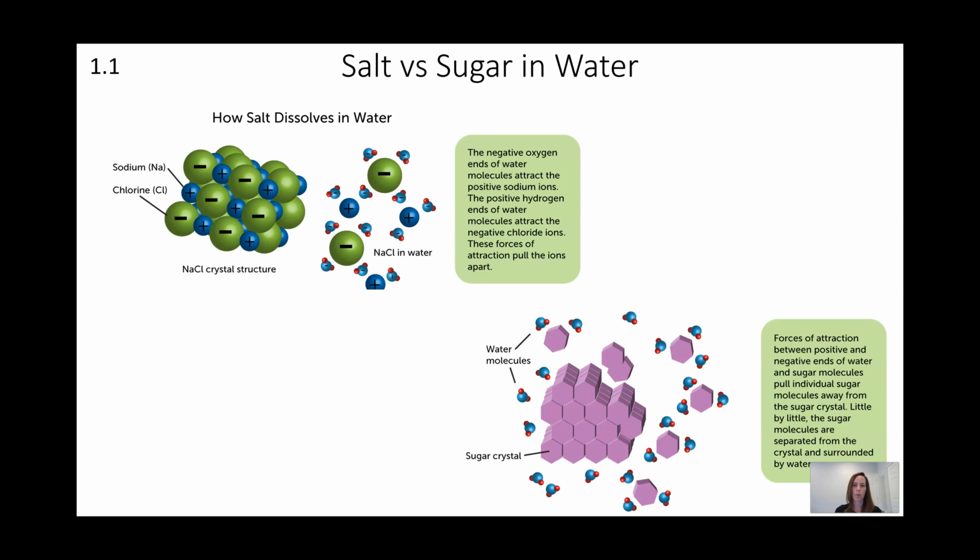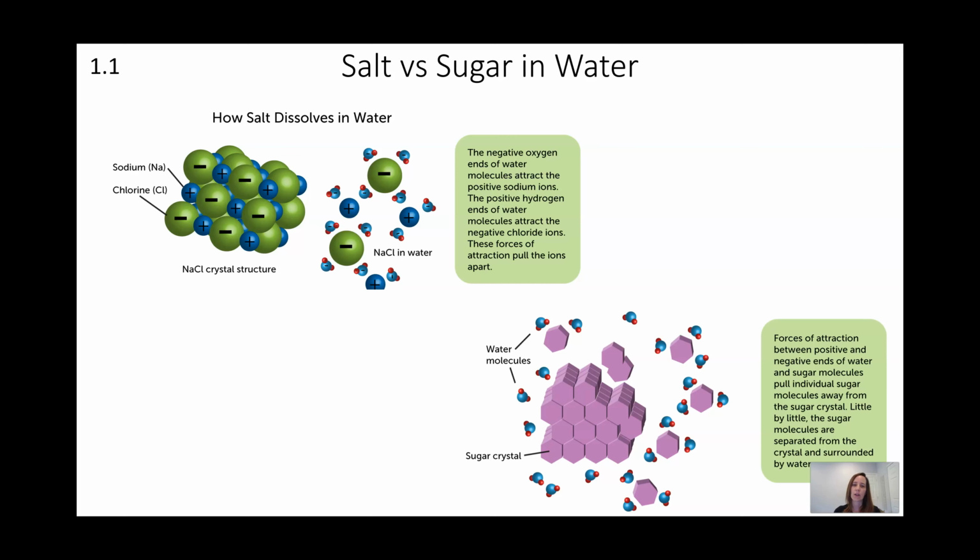All right, let's talk about how salt versus sugar behaves in water. Salt is an ionic compound. The connection between sodium and chlorine is just an attraction between a positive ion, the sodium, and the negative chloride ion.